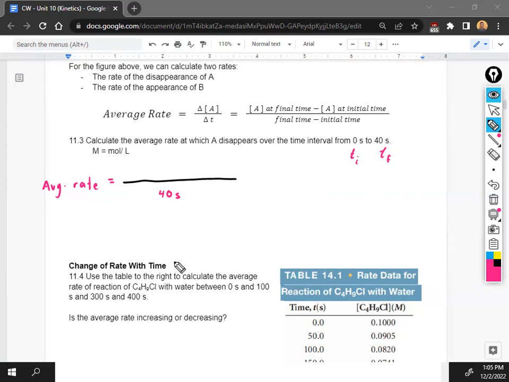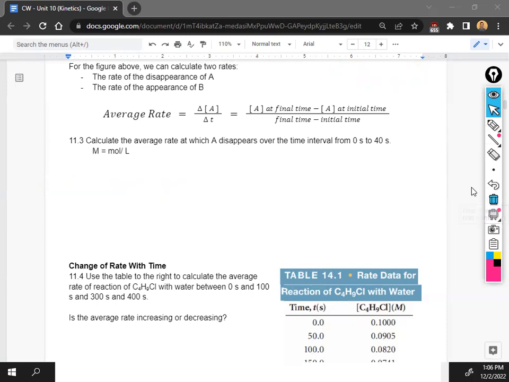All right, now we just need to find the molarity at the final time at 40 seconds and the molarity at the initial time, 0 seconds. So if we take a look at the picture, let's find the molarity of A at 40 seconds. We know that molarity is moles divided by liter. So how many moles of A are there at 40 seconds?